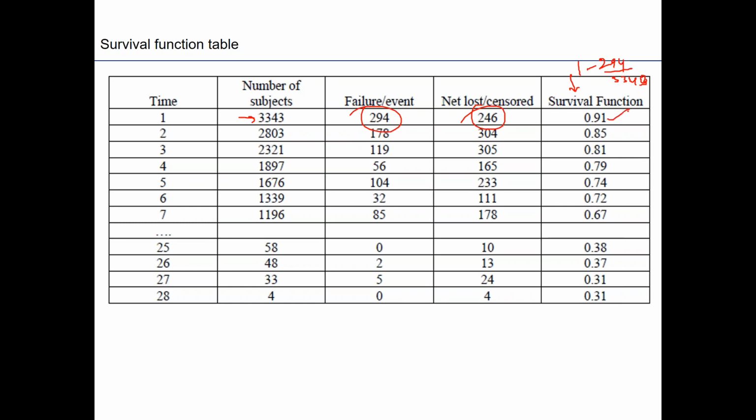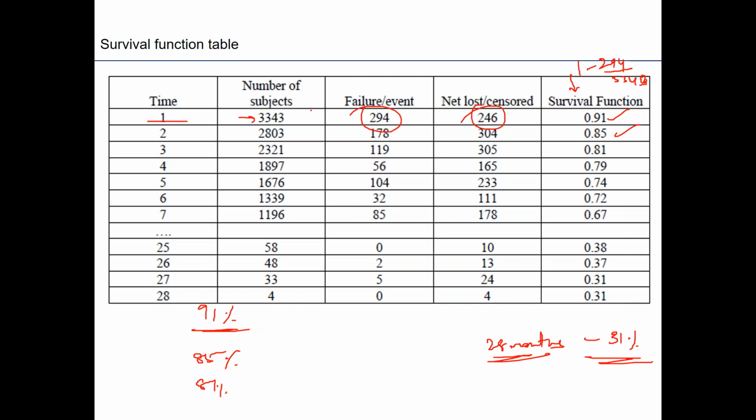When we do that, it gives 91%. Then you have 87%. So that means after the 1st month, there is 91% unemployment. After the 2nd month, 85%. After the 3rd month, you have 81%. So on and so forth. Even after 28 months, there is 31% unemployment among these subjects.